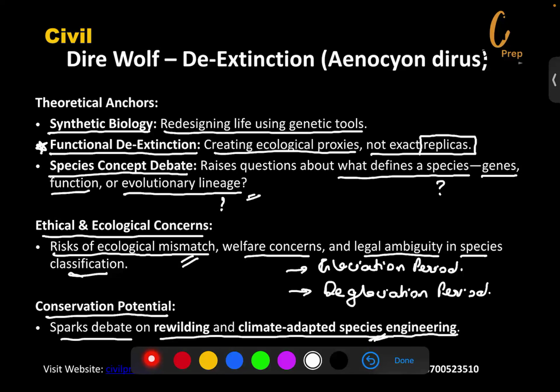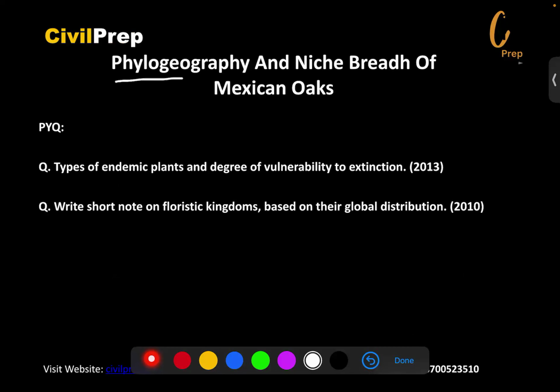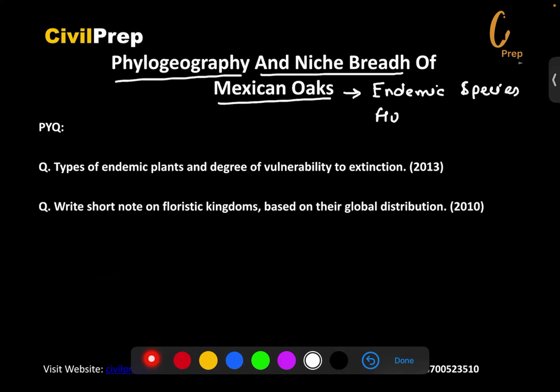Now moving to the next case study, we have the phylogeography and niche breadth of Mexican oak. Now, Mexican oak, we will be seeing, is one of the endemic species or flora, which is found majorly in the neotropical region, which is generally distinguished by Alfred Wallace.